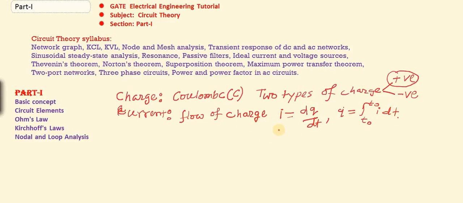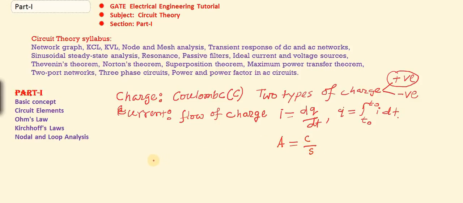Current is measured in ampere. The unit of current, ampere, is equal to charge by time. The unit of charge is coulomb, so ampere is equal to coulomb per second.